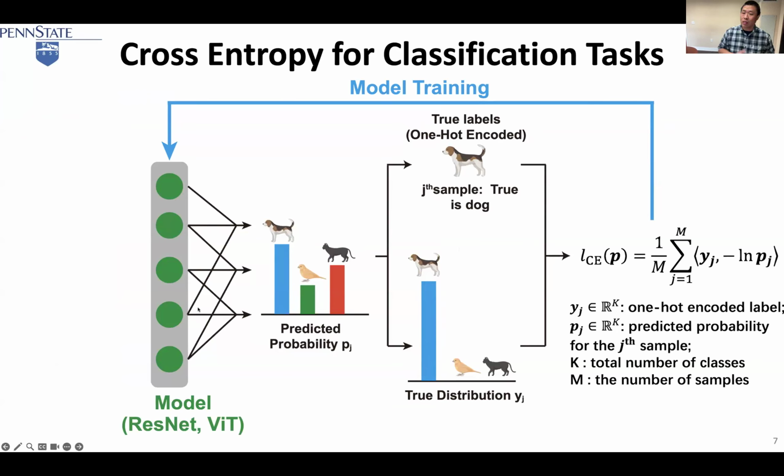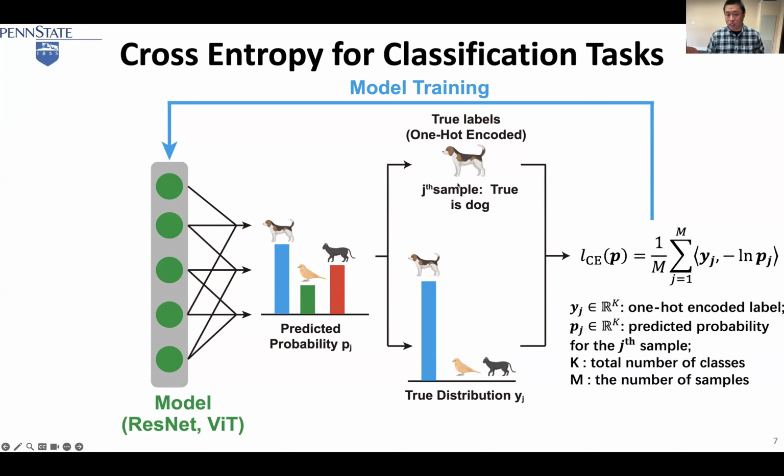This model could be ResNet, or could be ViT, which is a state-of-the-art model for CIFAR-10 and CIFAR-100. And let's say there are 3 classes, right? So you have dog, bird, and cat. Whatever model you use, you can predict the probability for each class. But you look at that, you have labeled data.